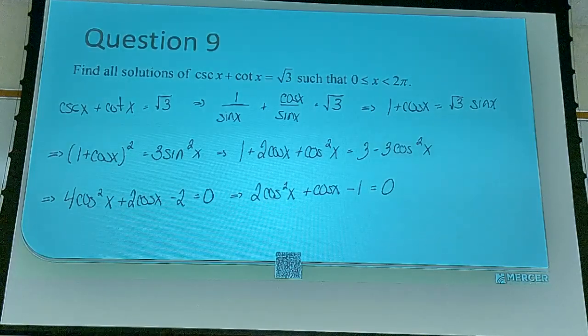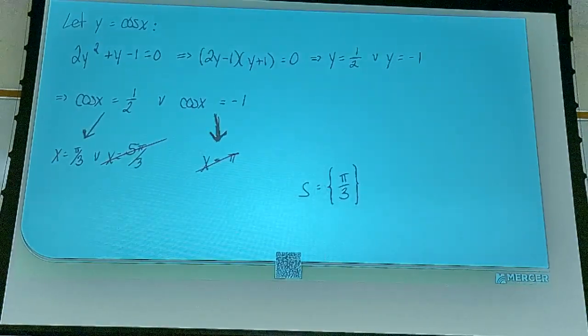We got 3 solutions out of that: pi over 3, 5 pi over 3, and pi. So I'm not going to redo all that work.